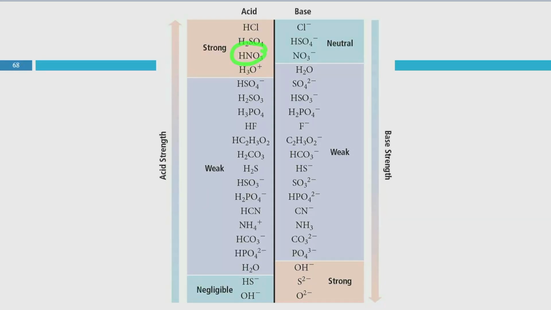We've got nitric acid, the first proton on sulfuric acid. We've got a bunch of weak acids, things that we should know, like the second ionization of sulfuric acid, so HSO4 minus. We've got hydrofluoric acid. We've got acetic acid and other things like that. Since these are all weak acids, their conjugate bases are going to be weak bases.